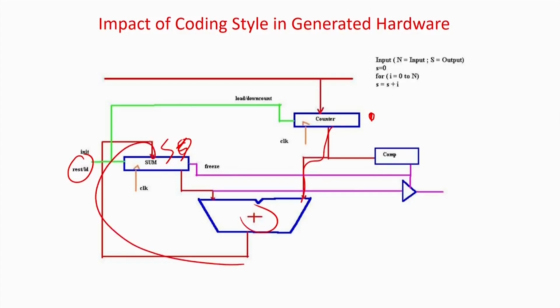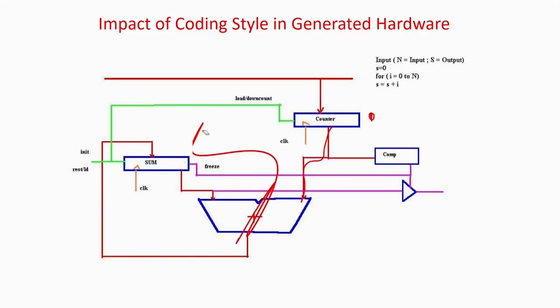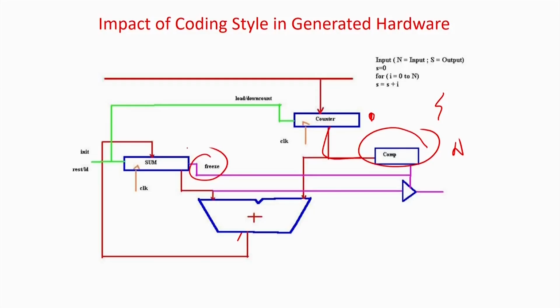It will keep on taking the values from the counter, and it will do so until the comparator, which compares the counter output with n, matches. When the counter value is n, it will freeze the sum, so that the sum value is retained, and s will have the value of s plus I. Now based on this, you have to design this architecture. Ideally speaking, no tool can do this.